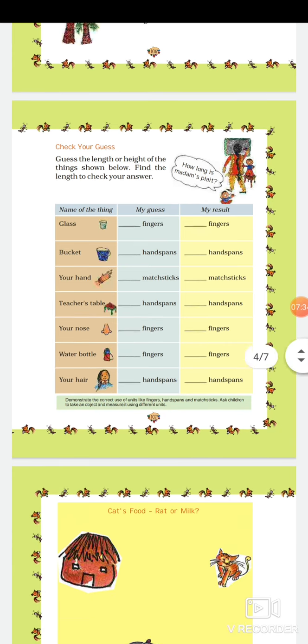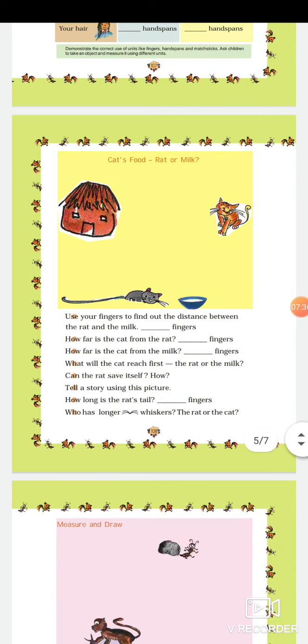Okay, then next come to the cat's food, rat or milk. So here in this picture you see, use your fingers to find out the distance between the rat and the milk by using fingers. So you see, one rat is there and milk is there.